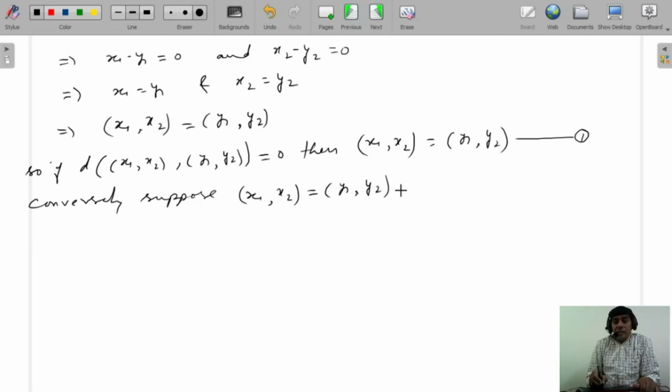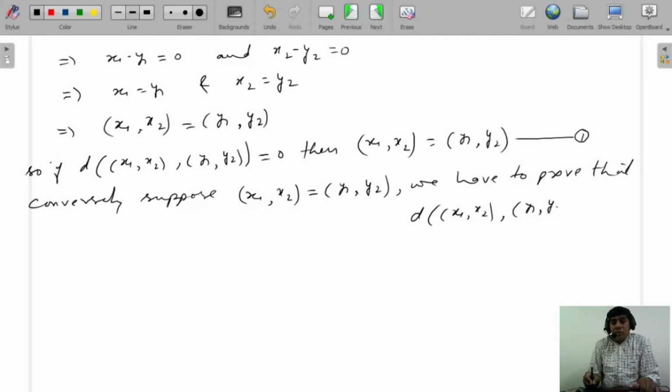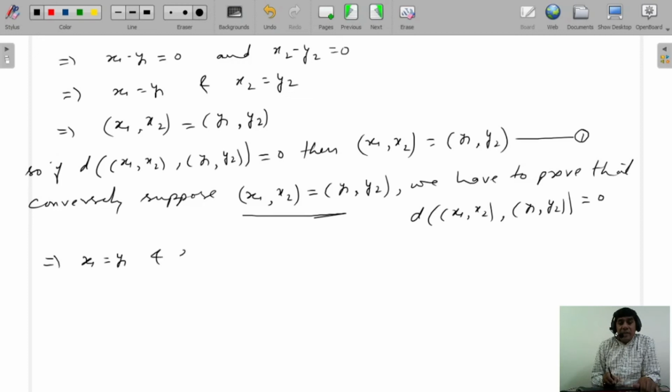We have to prove that d((x1, x2), (y1, y2)) is equal to 0. As (x1, x2) is equal to (y1, y2), this implies x1 is equal to y1 and x2 is equal to y2.